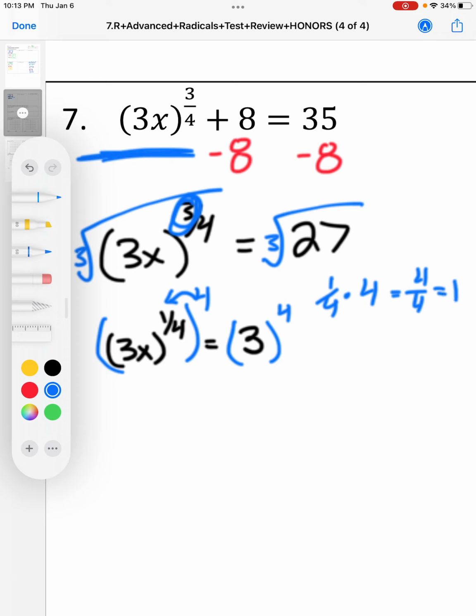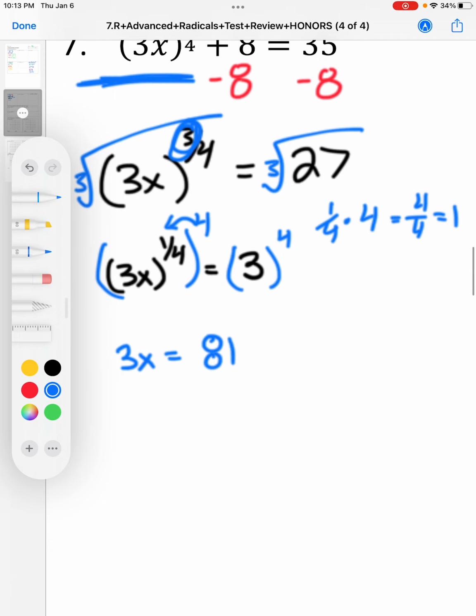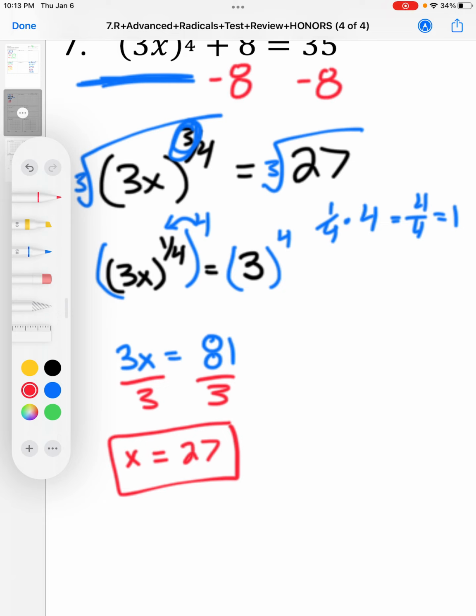So that's how they cancel out. I'm just left with 3x = 81. Now I can divide by 3, so x is going to equal 27.